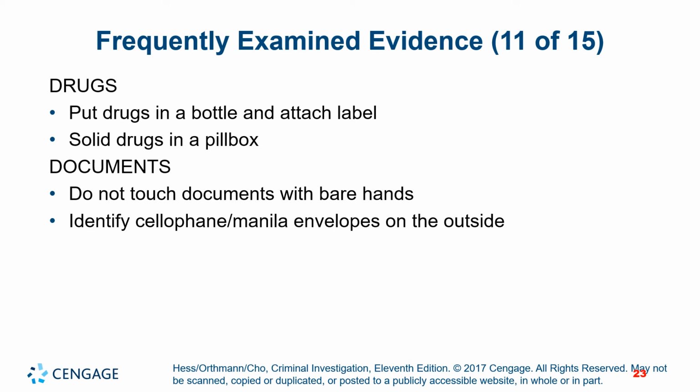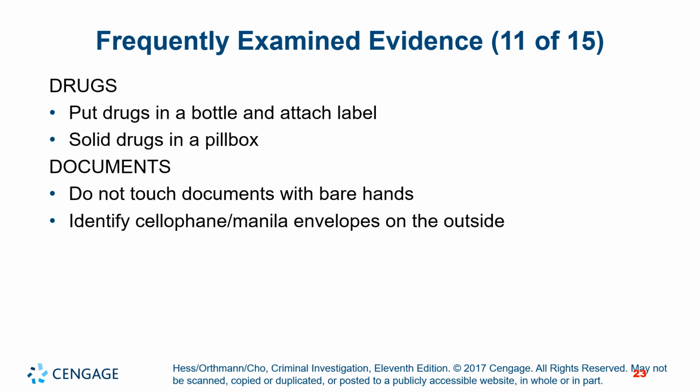Make sure if you're handling documents that you never touch them with bare hands because, as we discussed a little while ago, paper is one absorbent surface where prints can be obtained. So you want to make sure that you're always handling everything in a scene, but especially anything that can absorb fingerprints, like documents.